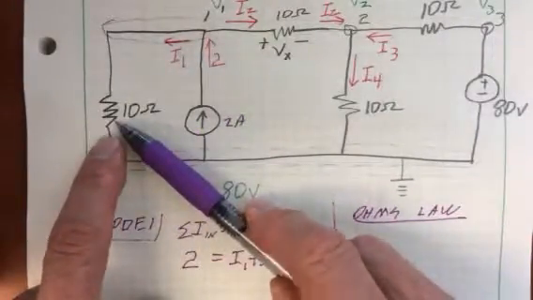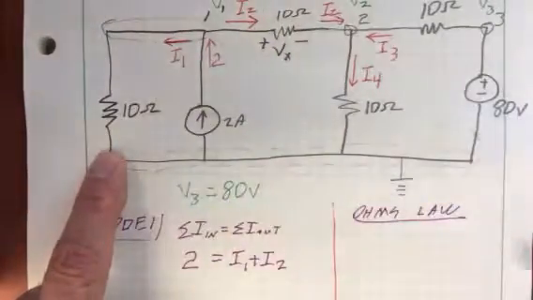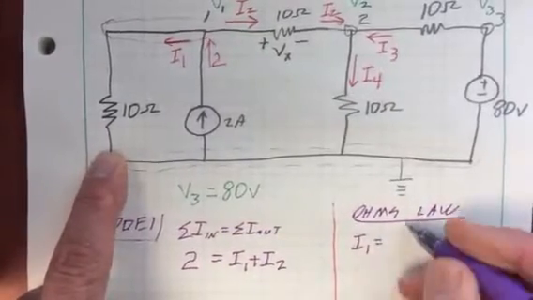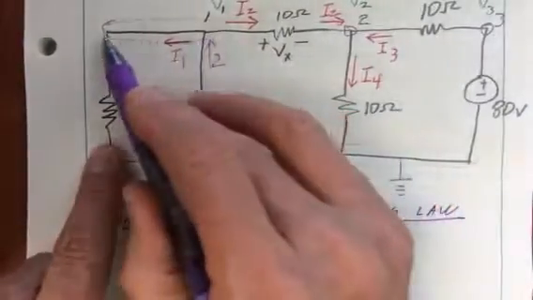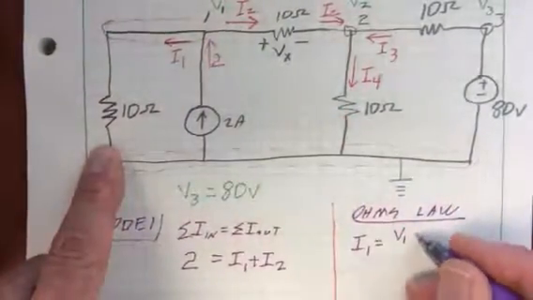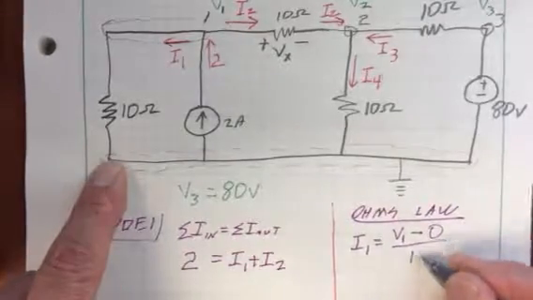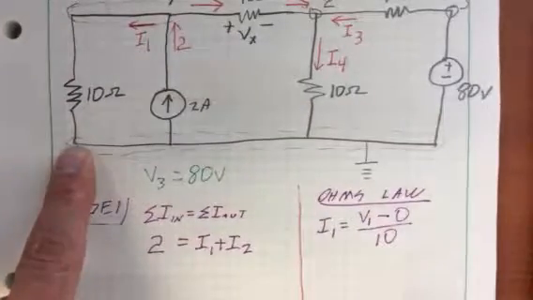What is the voltage across there? Voltage at the top minus the voltage at the bottom. So I1 is V1, the voltage at the top, minus the voltage at the bottom, 0, over its value, 10. There's my formula for I1.